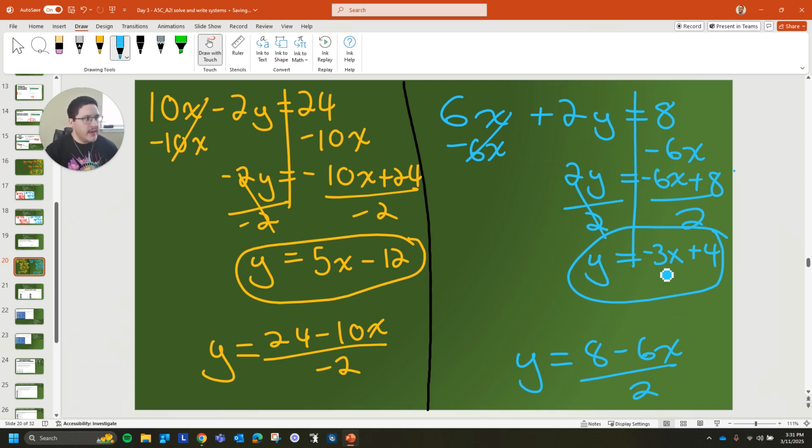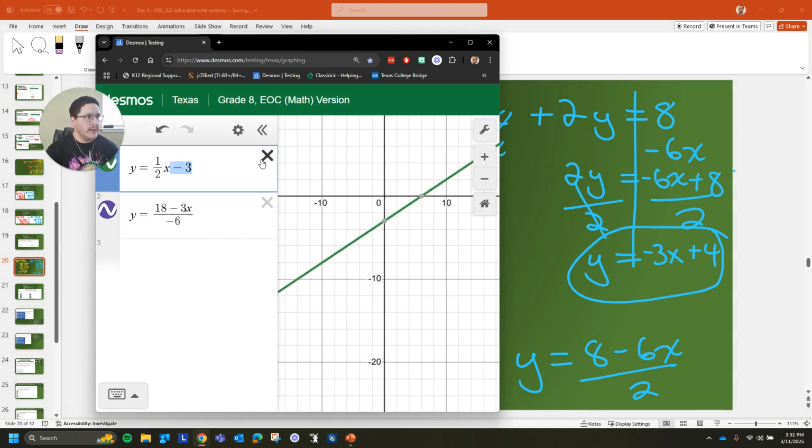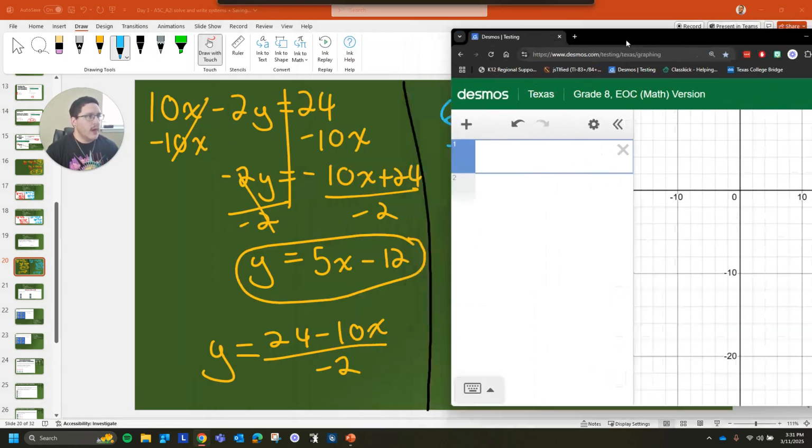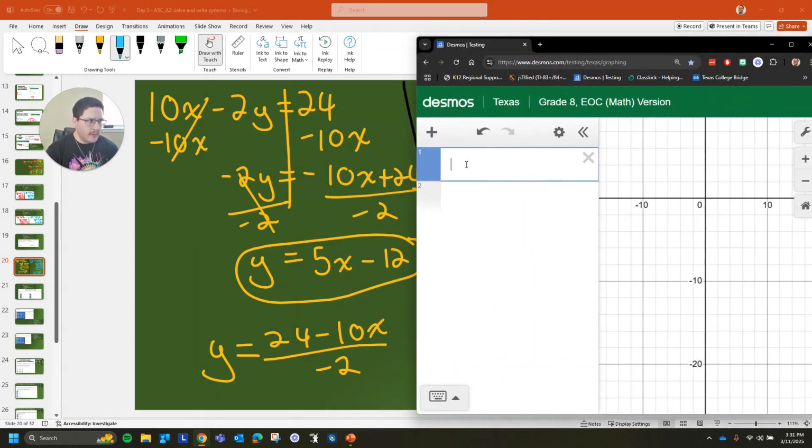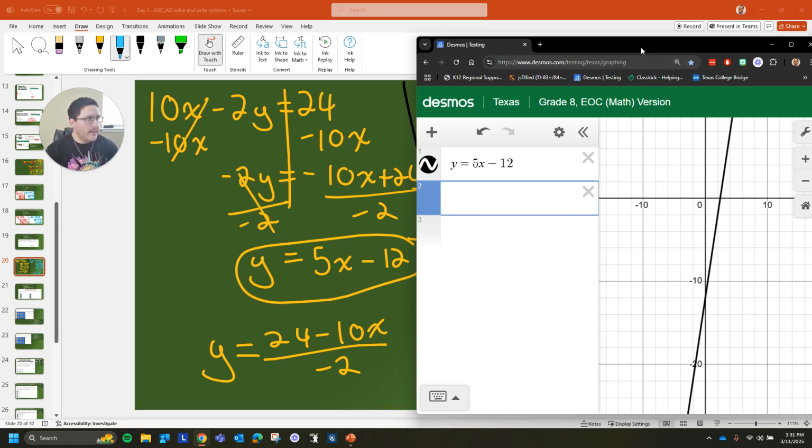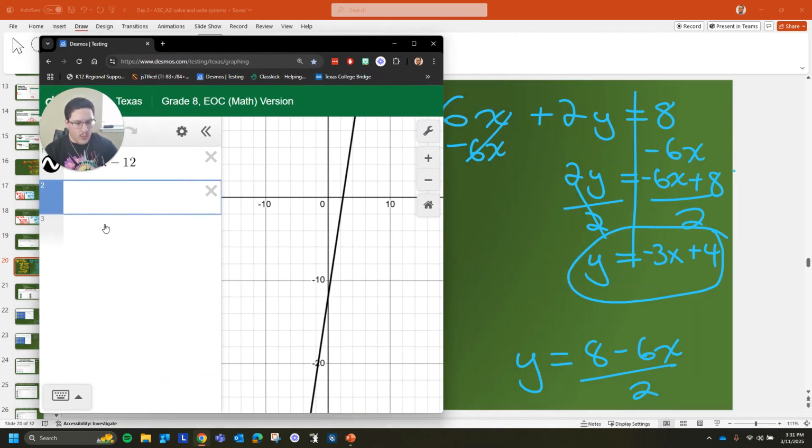So, either way, these are the two equations that I'm going to then put into Desmos. It doesn't matter the order, but starting with the first one that we solved, we have y equals 5x minus 12. And for the second one, we have y equals negative 3x plus 4.